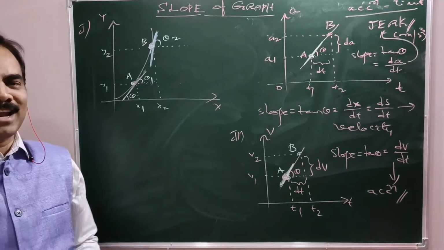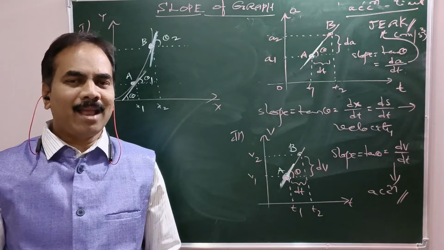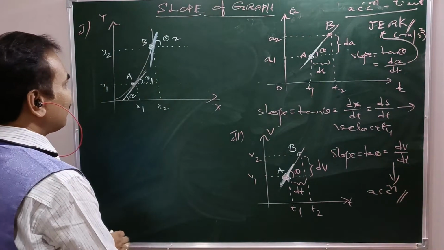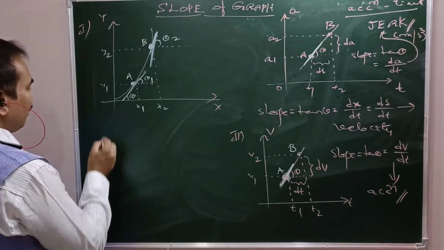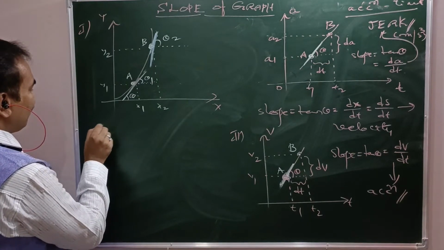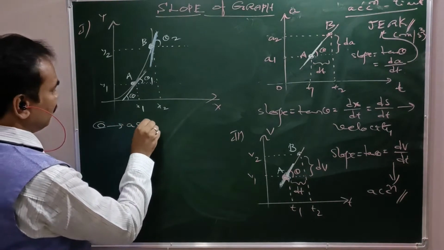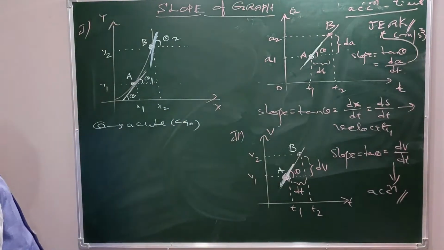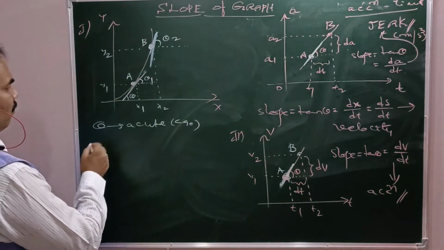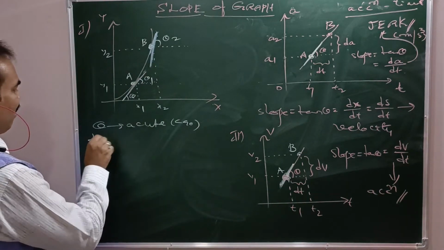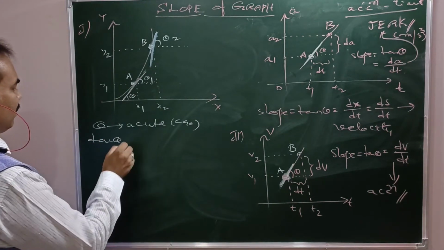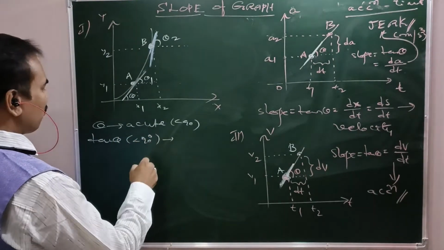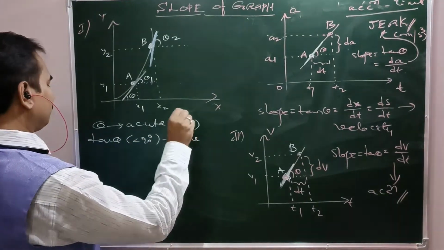For theta less than 90, tan of an acute angle becomes positive, meaning the slope is positive. What about theta here? It is an acute angle, less than 90. Tan of theta, with theta less than 90 degrees, gives a positive slope.